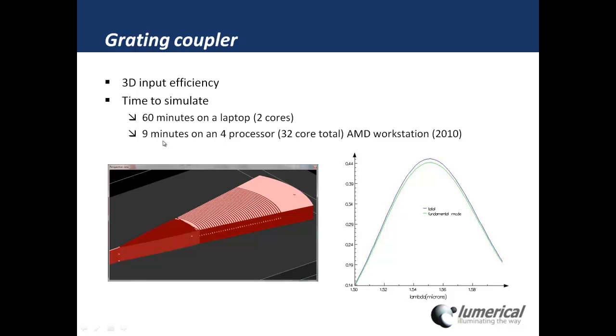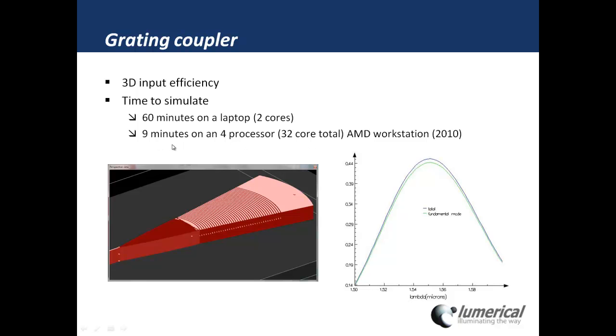So this was 9 minutes on a 4-processor AMD workstation with 32 total cores, using all the cores. This workstation was purchased a couple of years ago, so it's not a state-of-the-art workstation. It's a very reasonable one, and even with that, we're getting the time down to under 10 minutes. I believe with a current workstation purchase this year, this would probably be closer to 5 minutes.